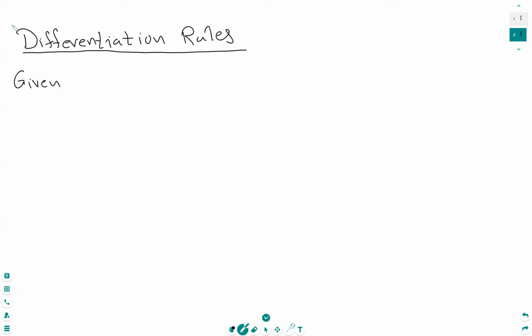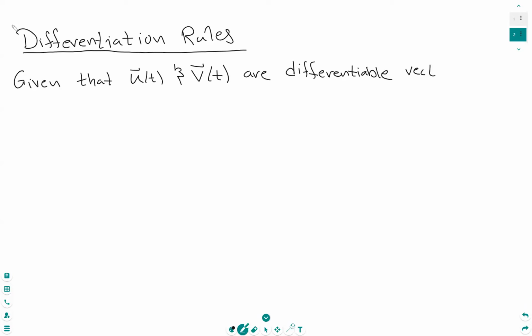So given that u and v are differentiable vector functions, we have some constant c, so some scalar c.